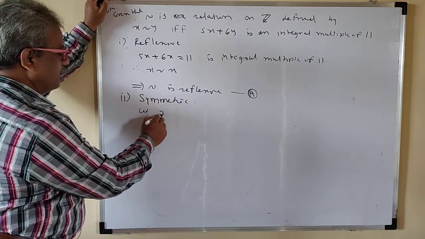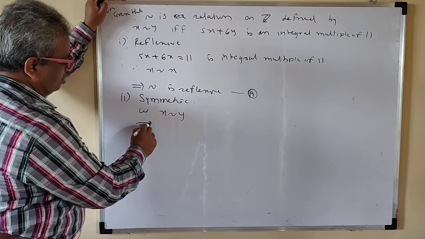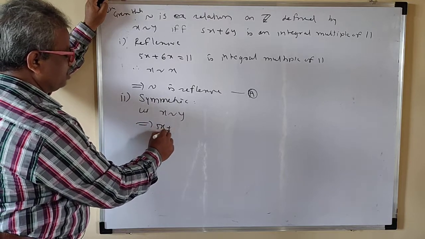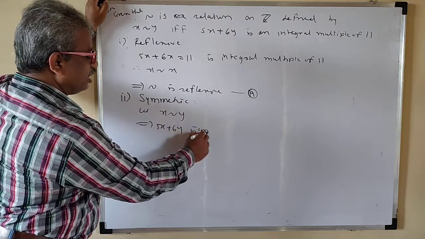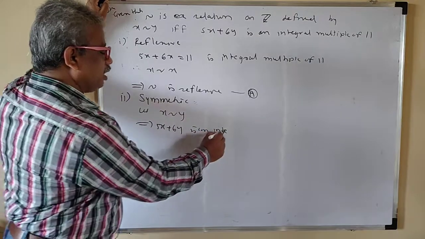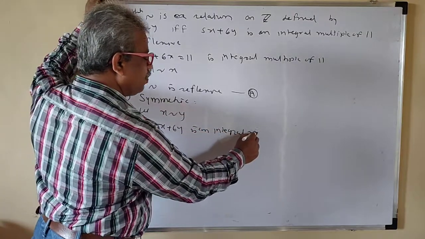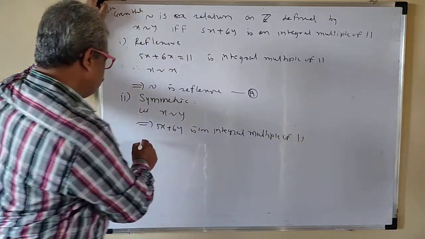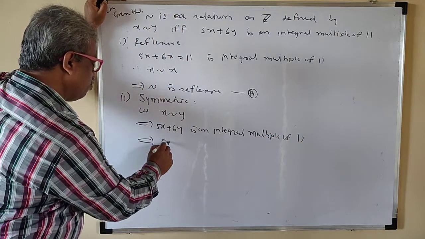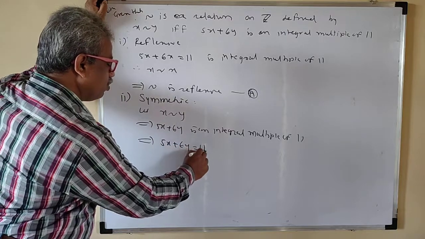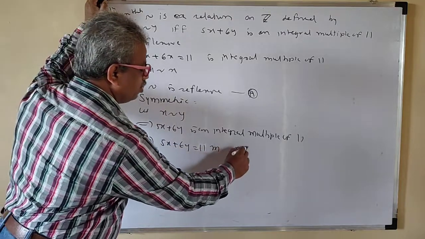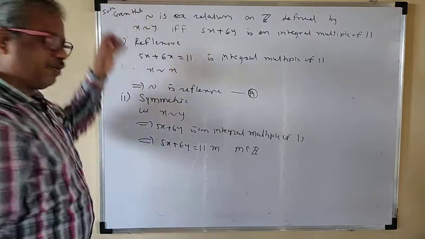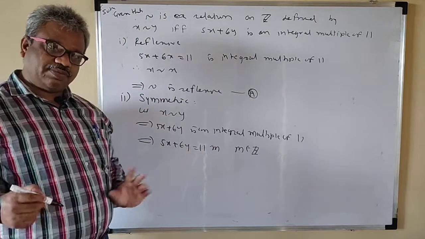So let x be related to y. This implies that 5x plus 6y is an integral multiple of 11. So I write 5x plus 6y is equal to 11 times m, where m belongs to Z, an integral multiple of 11, that means 11 times some integer.